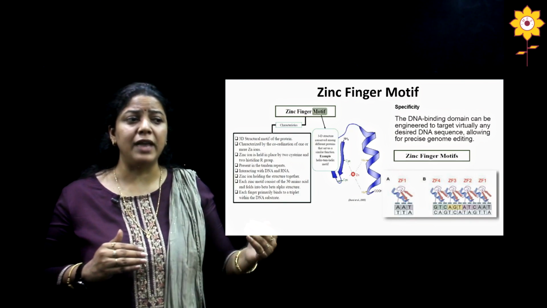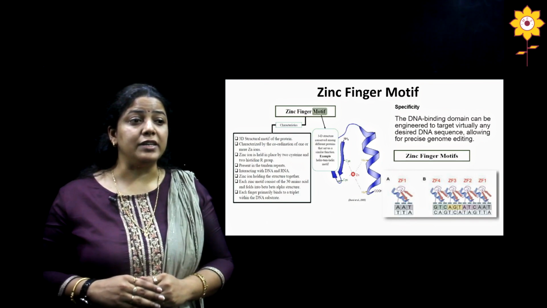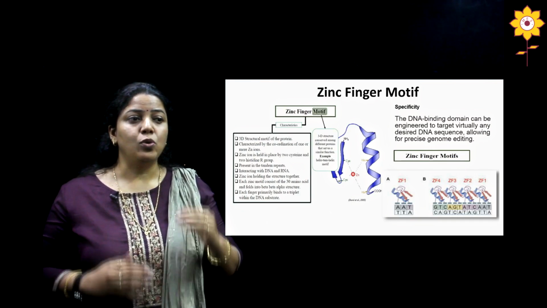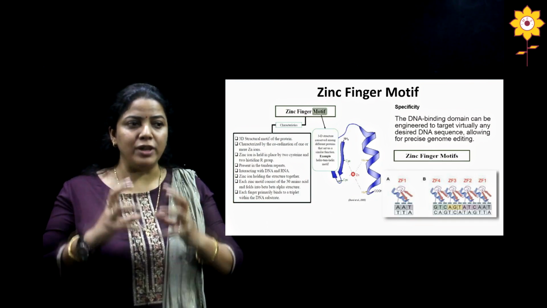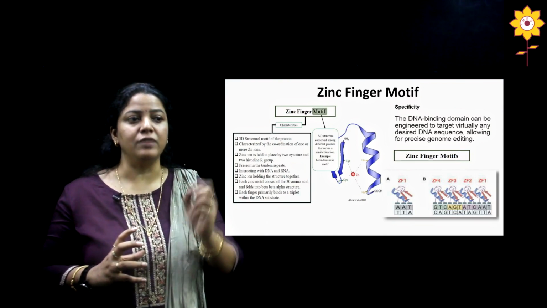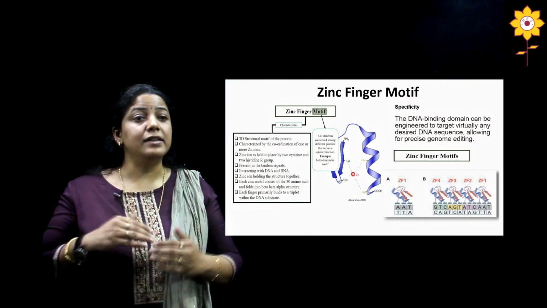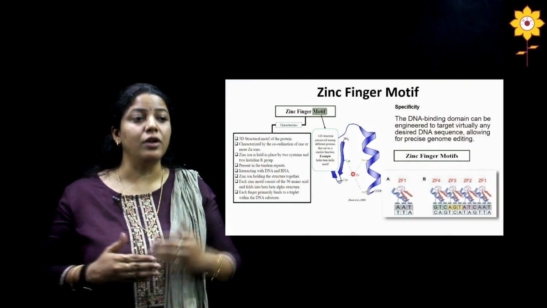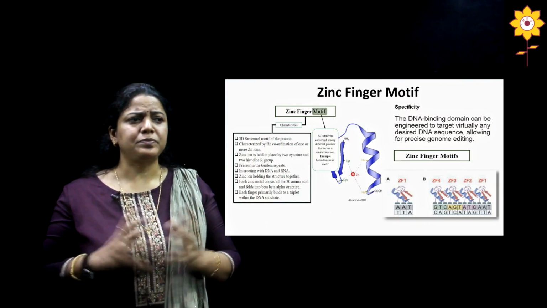These repeats help in identifying the precise sequence where it can interact. Every motif consists of 30 amino acids, and it's a combination of beta and alpha structures together.